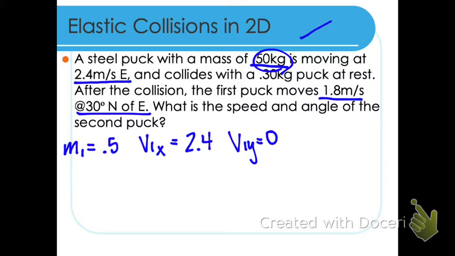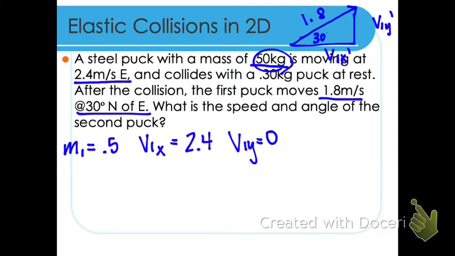So I'm going to come up here and draw my 30 degrees north of east. If this hypotenuse is 1.8 meters per second, this would be V1y prime, and this bottom side would be V1x prime. We agree?